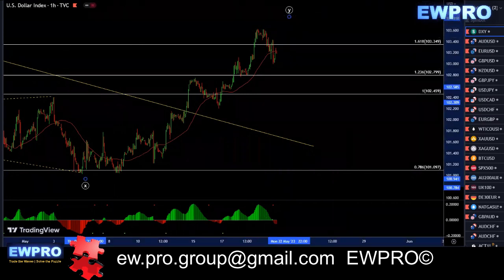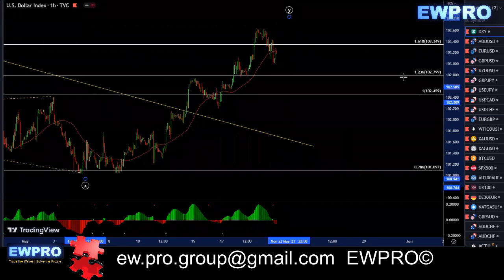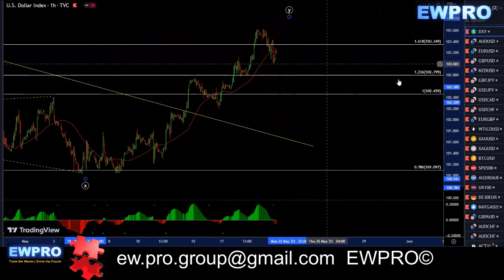For the sell, we really want a break below this low here, give us a correction, and then we can look for a sell. Until this happens, it's very risky to sell. And there really isn't a buy setup on it either, just as yet.